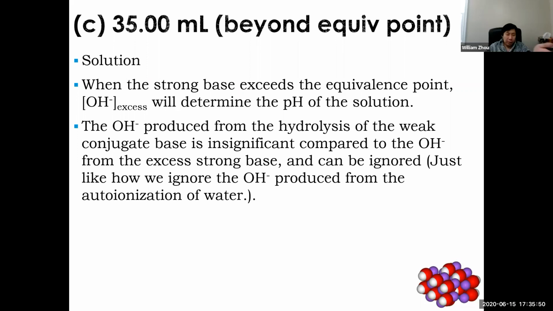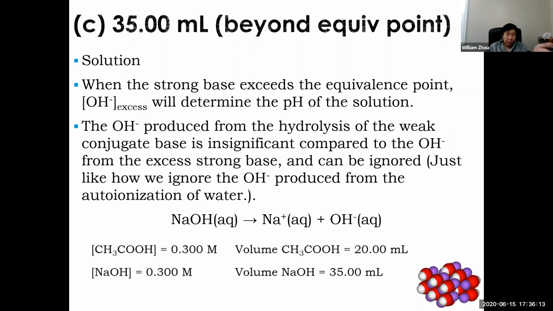Whatever other sources of hydroxide, like hydrolysis of the conjugate base, it's still there, but the equilibrium is shifted so far to the left, pretty much is non-existent. And also, the auto-ionization of water, we've just been ignoring that since day one, so again, it doesn't matter. This is the only thing that matters. The sodium hydroxide is producing a lot of hydroxide.